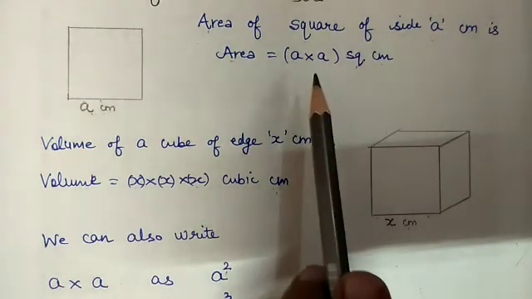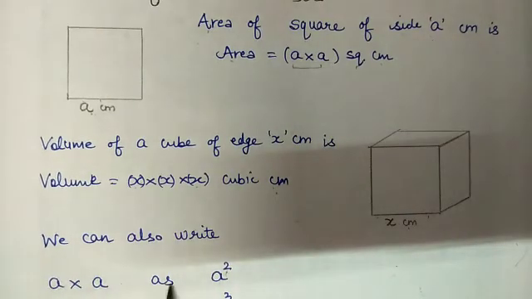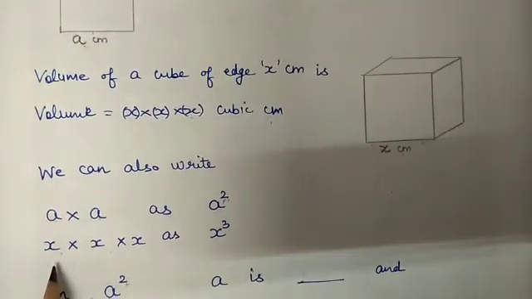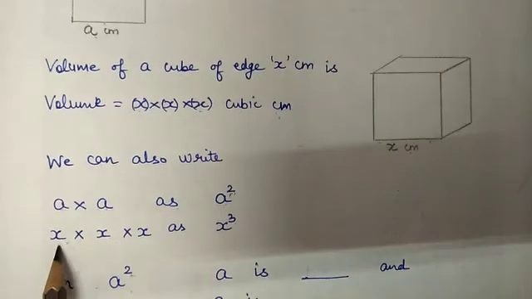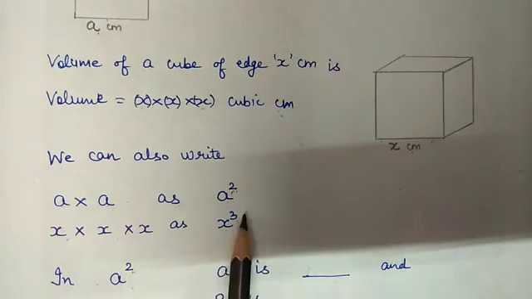Now we can also write this a into a as a raised to power 2 because a is written here 2 times in multiplication form, and in this expression x into x into x, it can be written as x raised to power 3.